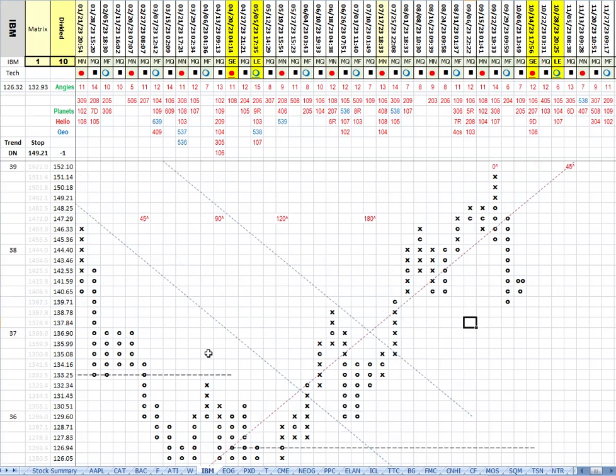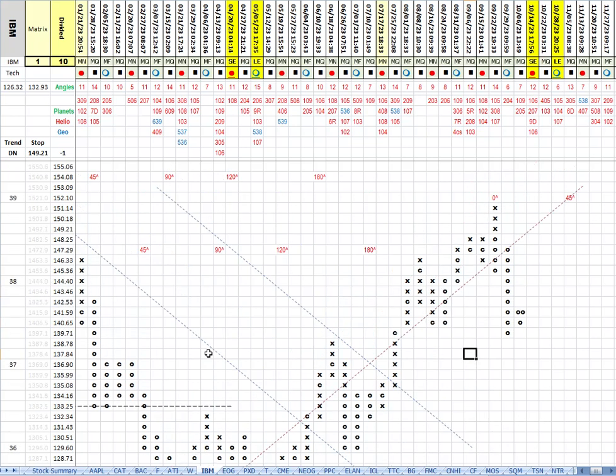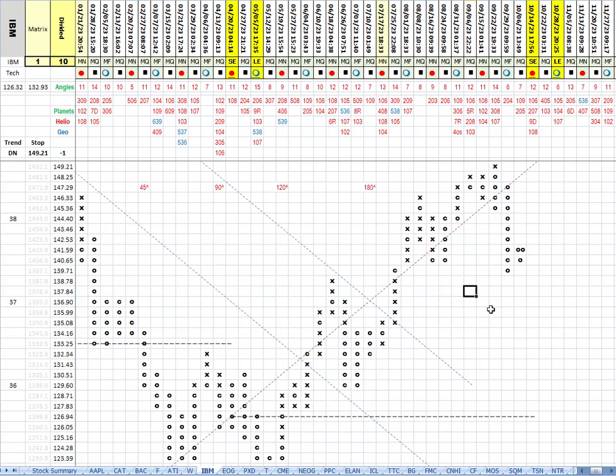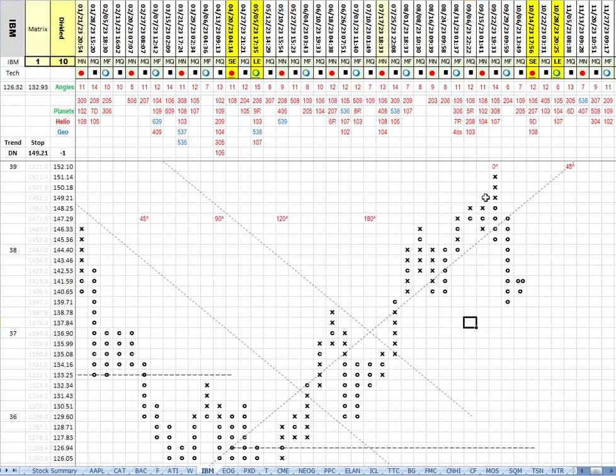IBM, again, a good technical stock. And if you review the previous videos, if we're looking for some type of high in here, 120 degrees over, it came in one period after that. And now we're coming into this one, and it broke trend, broke the swing, definitely a negative atmosphere, and squaring out of the range, comes in from low to high on the lunar eclipse.